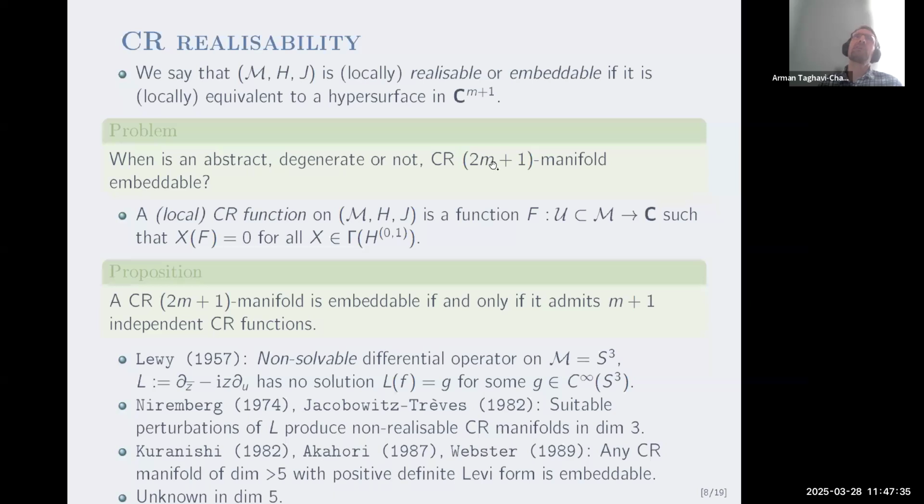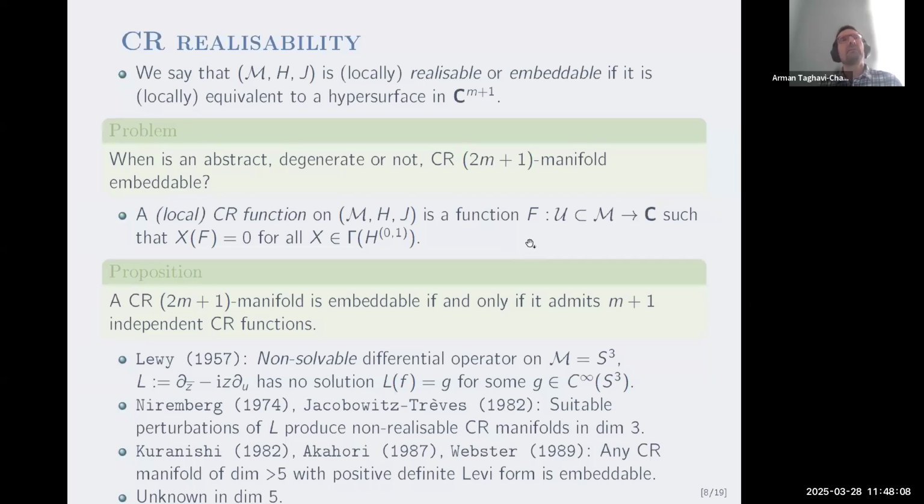A CR function is essentially the odd dimensional analog of a holomorphic function. We require that a CR function, at least locally, is a complex valued function annihilated by all the vectors tangent to the distribution H01. So you think of X as being an anti-holomorphic vector field.